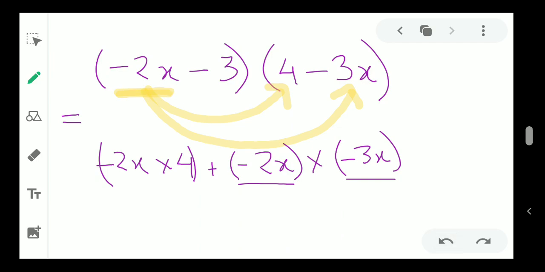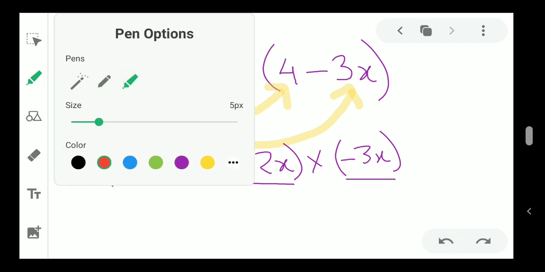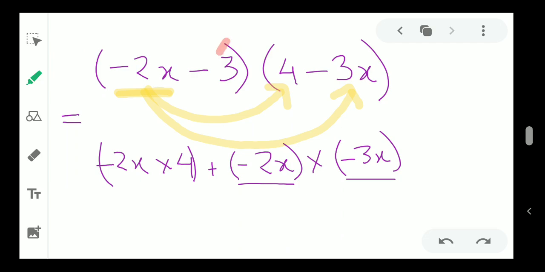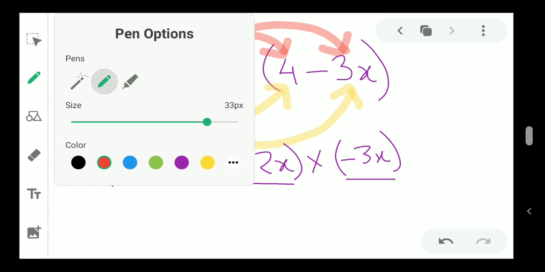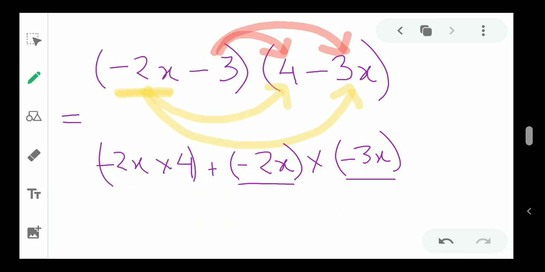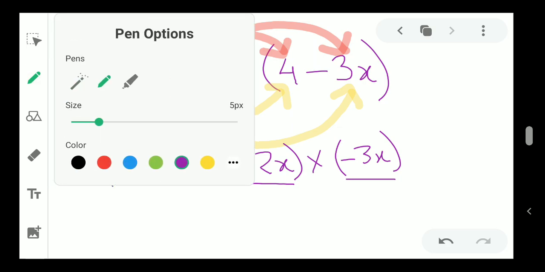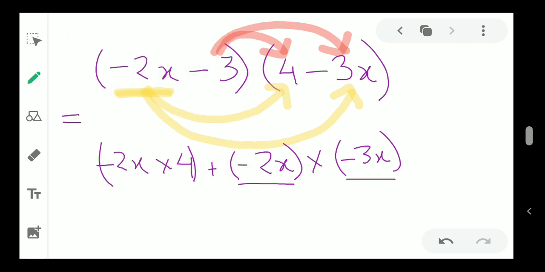Okay, now moving to our next term, that is 3. 3 will be with 4 and 3 will be with 3x as well, minus 3x as well. So coming to this part, I am changing the color so that you can understand they are different. So minus plus is with here, so I cannot write here, so I'm writing here. Okay, so it's the same line, actually it's the same line, don't forget.